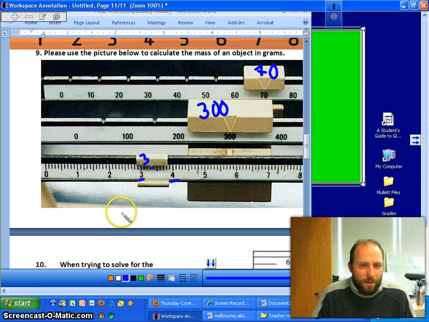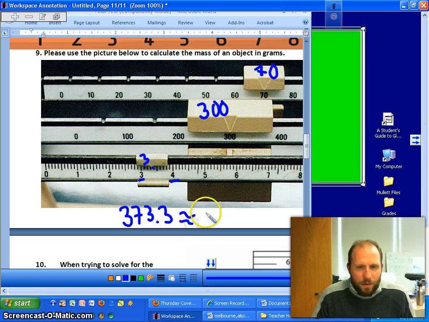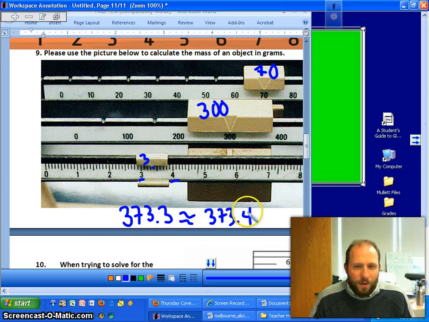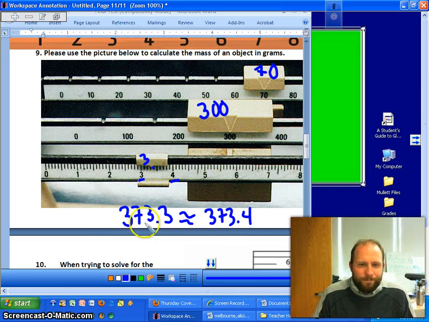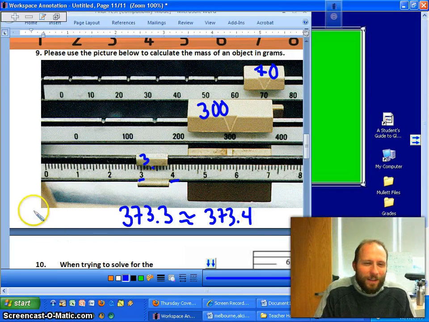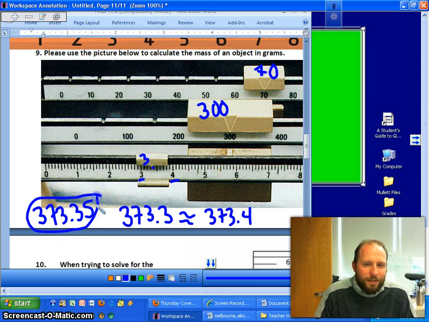So if we add them all up, 373.3 to 373.4, somewhere halfway in the middle of those two, you got it, 0.35. 373.35 is indeed the correct answer.